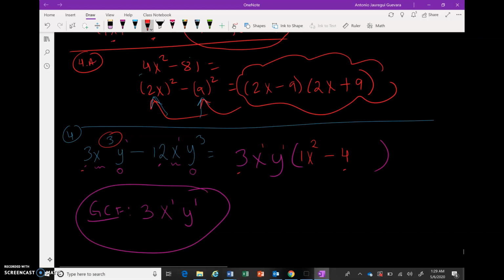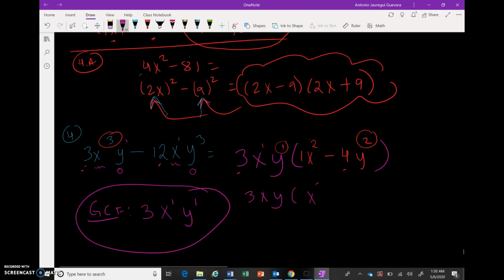And y to the power 1 times y to the power of 2 gives me, 1 plus 2 gives me what, guys? 3 there. So because of that, I'm going to leave it as that. That gives me 3xy times x squared minus 4y squared.